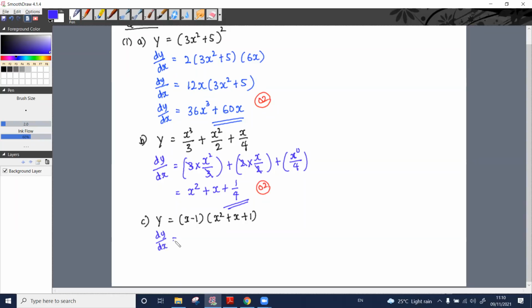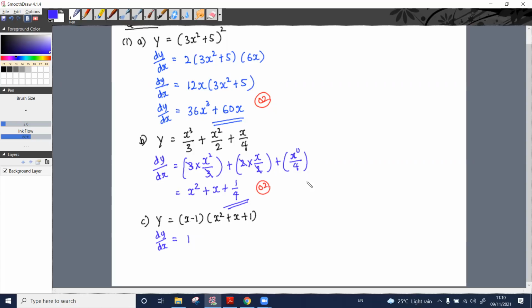You can apply the product rule to differentiate this. In the product rule, what do we do? First, the first group. So here we have 2 groups, a product of 2 groups. Here we'll first differentiate the first group. So once we differentiate this one, what should it be? That is 1.